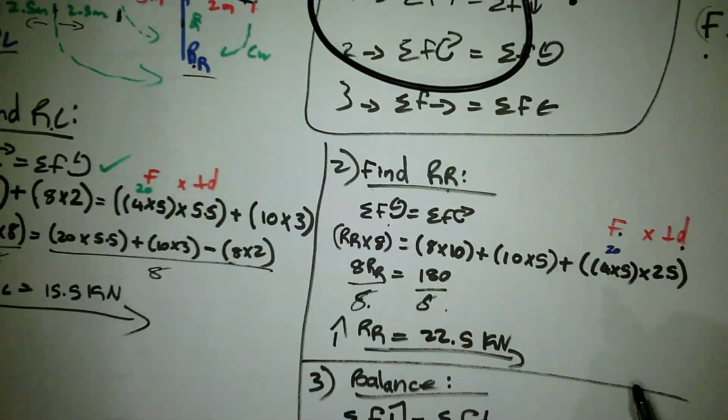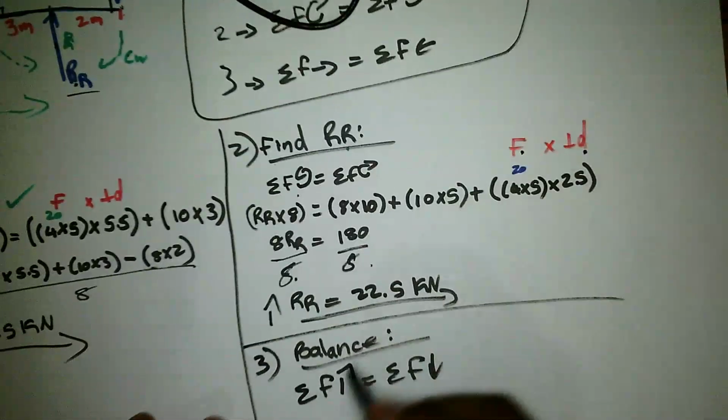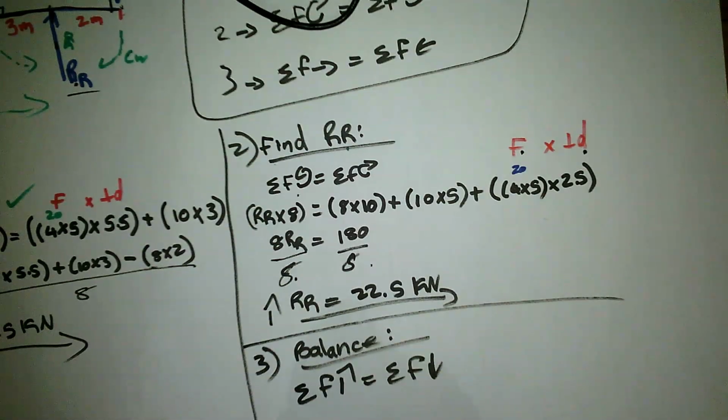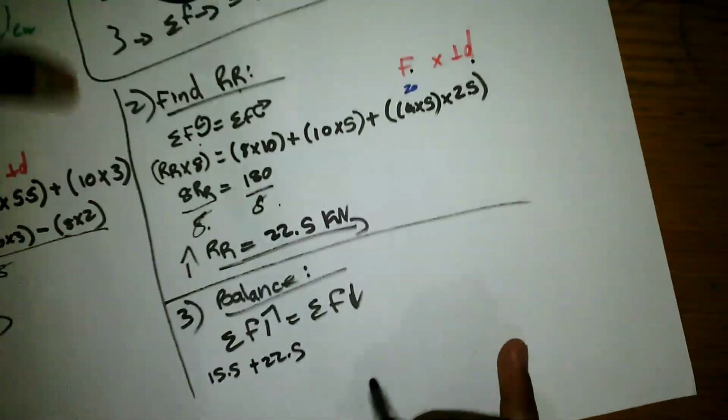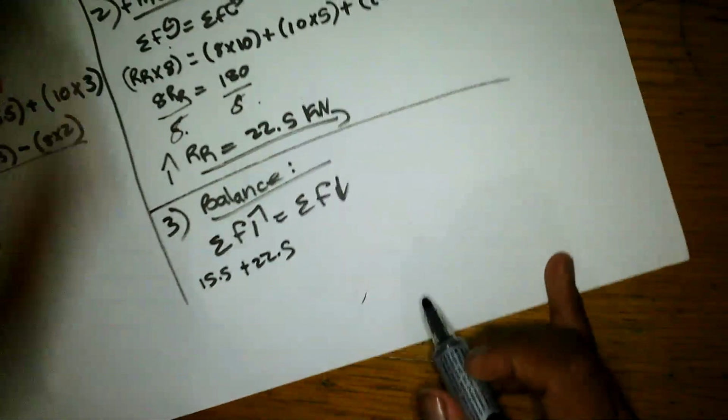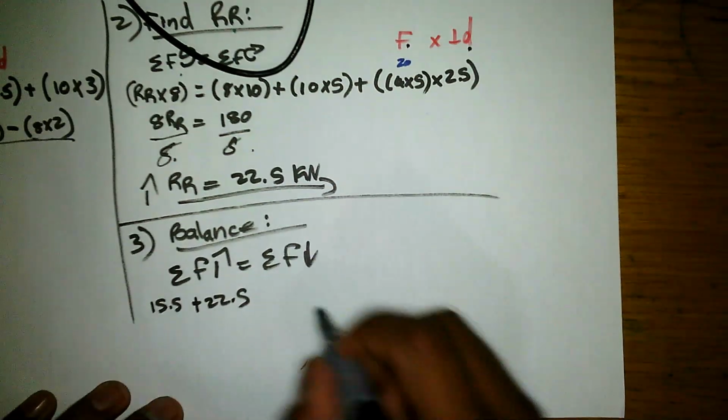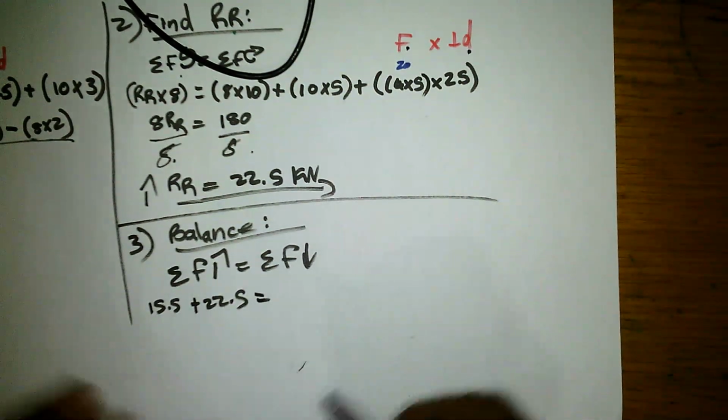And there's only 2 forces pushing up. So we will substitute now and say RL is 15.5 and then RR is 22.5. Okay, finished. So now we go over to the next.